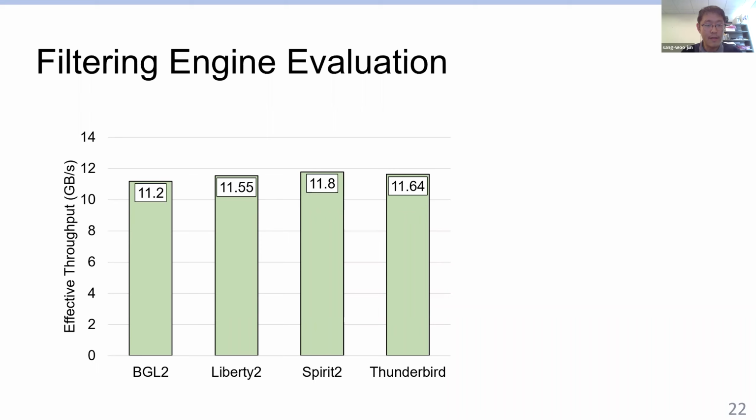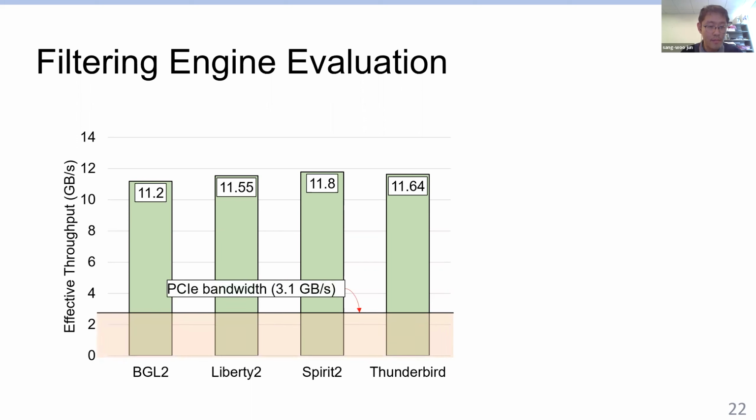And if you just look at the performance throughput of the filtering engine itself, the cuckoo hash-based filtering engine, the end-to-end performance that we see for template-based filtering is significantly higher than the peak PCIe bandwidth, which is 3.1 gigabytes per second.